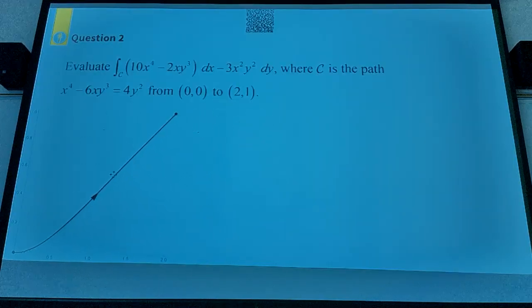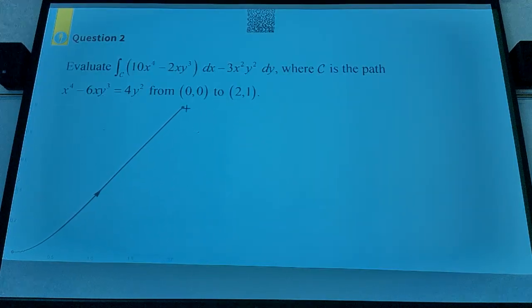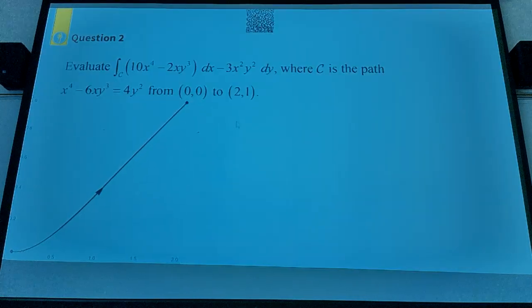What do you notice about that? Didn't even need the plot to see it, but it's finite. What do you mean finite?